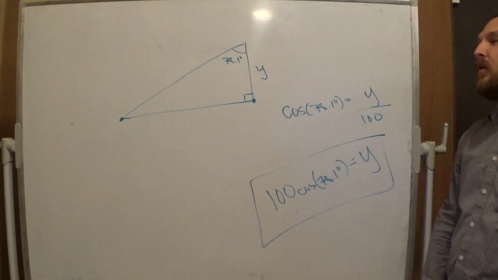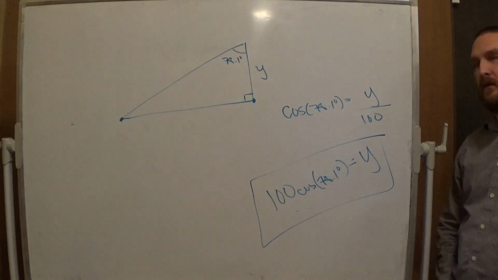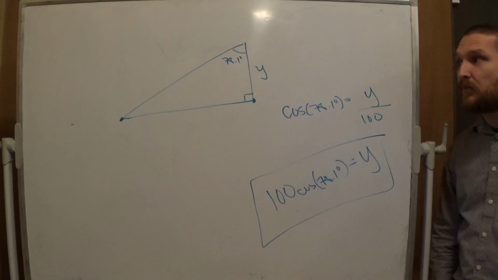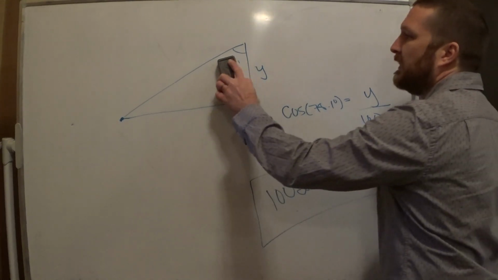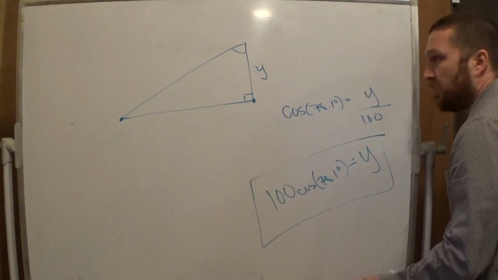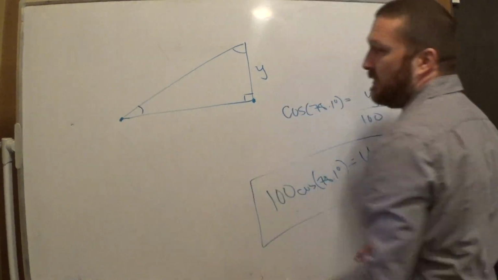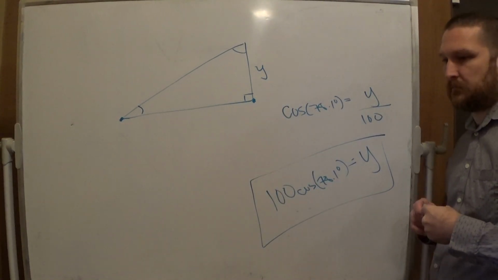If it's at all confusing or you're not 100% sure, ask me. Even if you are sure, put the angle in the correct place. If you think it's this one, write it up there. If you think it's this one, write it right there so that I know what we're talking about.